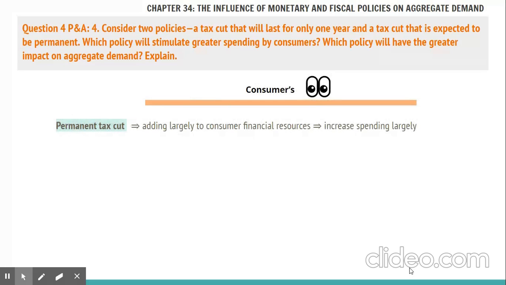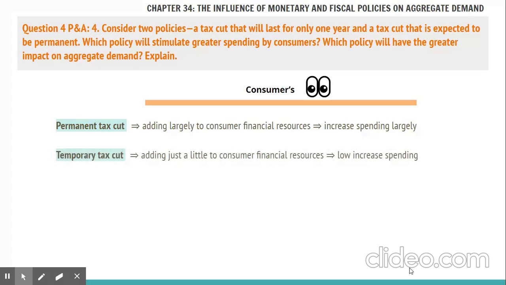For the permanent tax cut, through consumer eyes, they think that this policy adds largely to their financial resources, and this will result in a large increase in their spending.